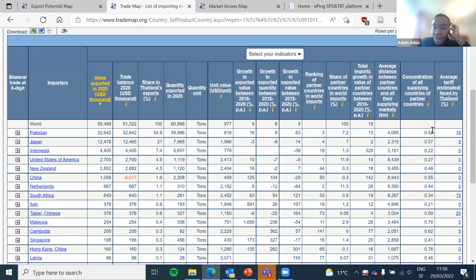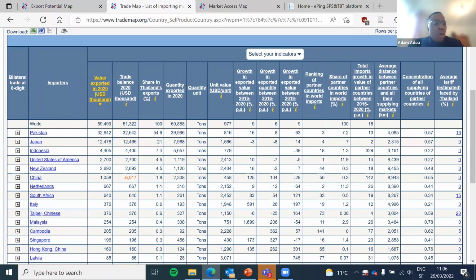Another thing that can give you a hint, which is a little bit special in here, if we still continue with this comparison, is why Thailand is exporting ginger more to Pakistan than to the Netherlands, for instance, where it has a huge export potential. We see here that the average tariff applied by the Netherlands to Thailand for ginger is 0. So there is basically no tariff for this, whereas for Pakistan it is 16.